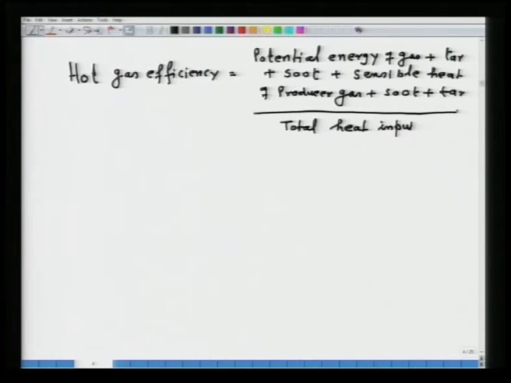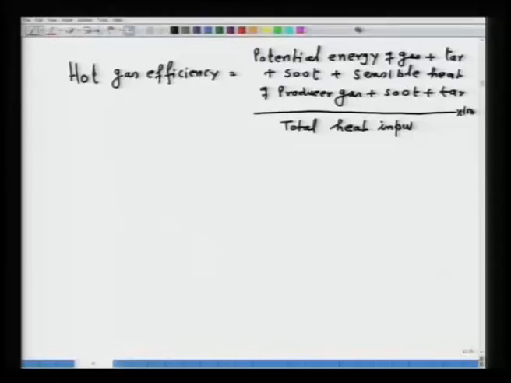Of course, you have to multiply by 100 in order to get the percent. Naturally, the hot gas efficiency will be much higher than the cold gas efficiency, because you have incorporated in your calculation the sensible heat, which was not there in case of cold gas efficiency.